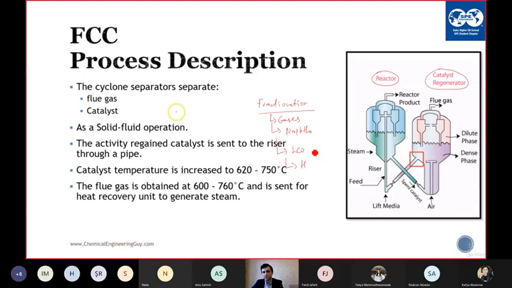Light cycle oil is a diesel product, and HCO, and slurry. HCO and slurry are the heavier products which are sent to the delayed coker unit, where we produce coke.